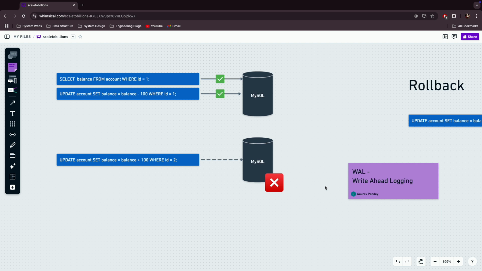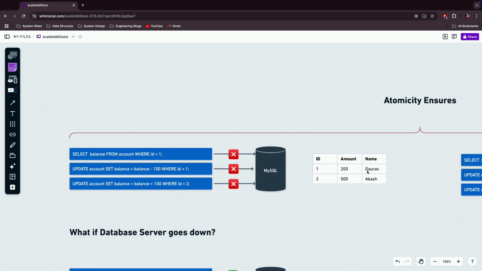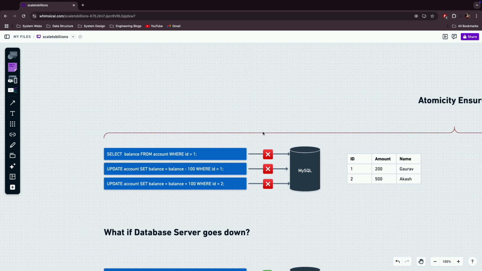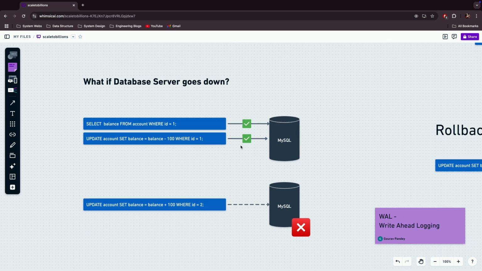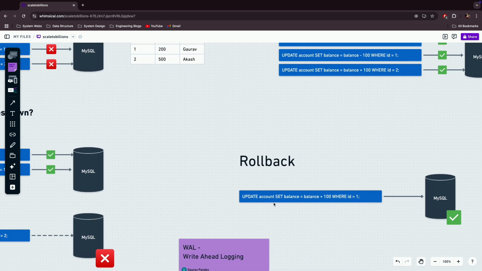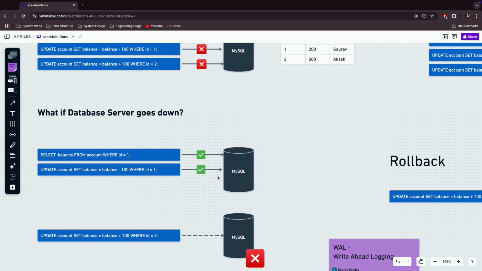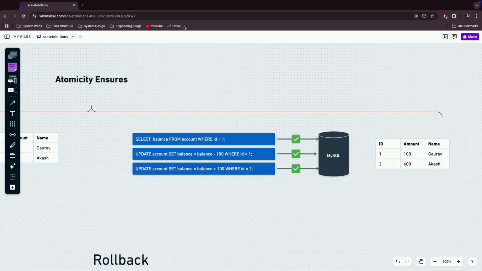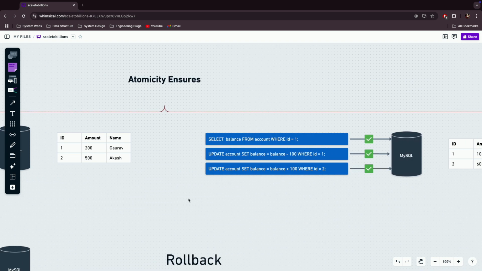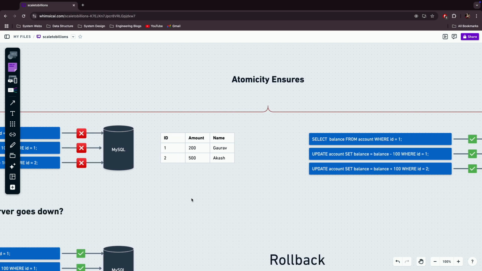If the server crashes, atomicity ensures two things: either all the queries should fail as if they were never executed, or even if they are executed partially, they should roll back. It should roll back in case of failure of even one query. Either all of them should succeed. That is called atomicity, and this is the first property of a transaction.